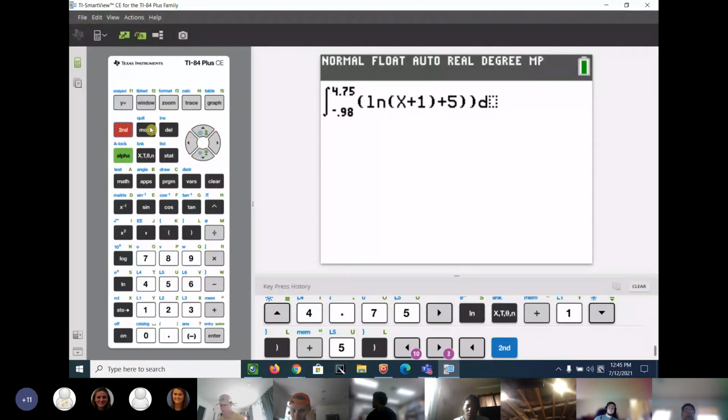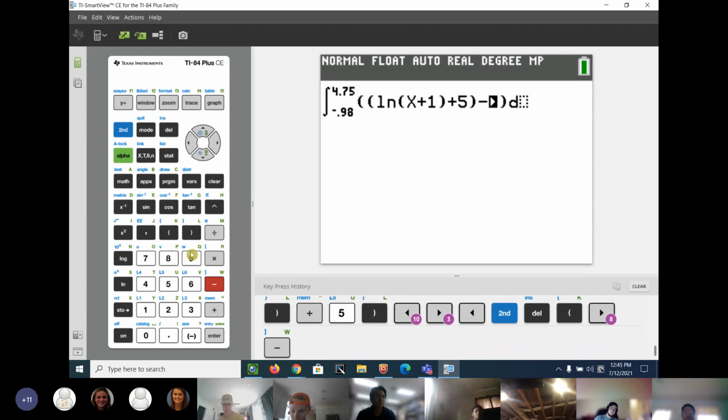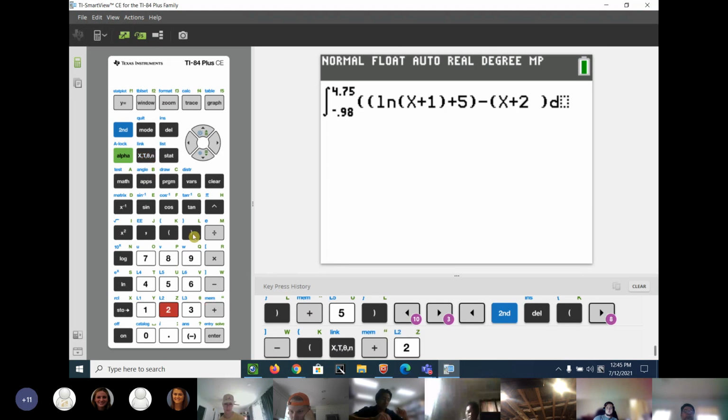Second insert, minus parentheses, x plus 2, close parentheses, and then dx. And enter.